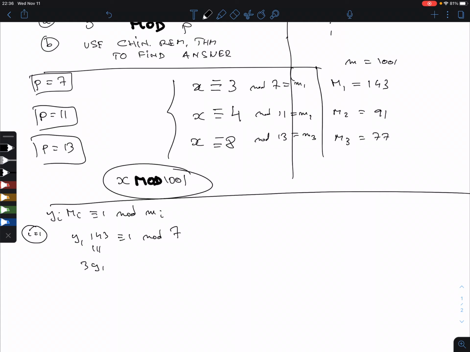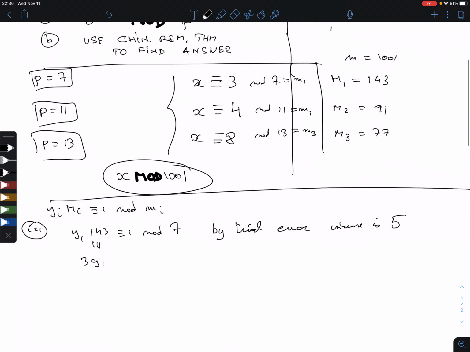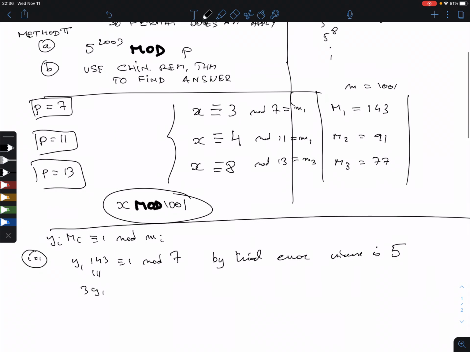So just by trial and error, I find that the inverse is 5, because 3 times 5 is 15, which is equivalent to 1 mod 7. So my y1 is 5.